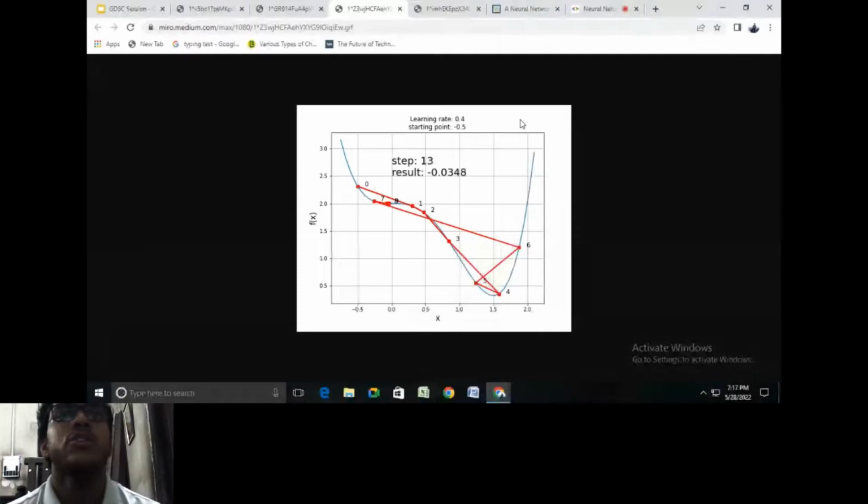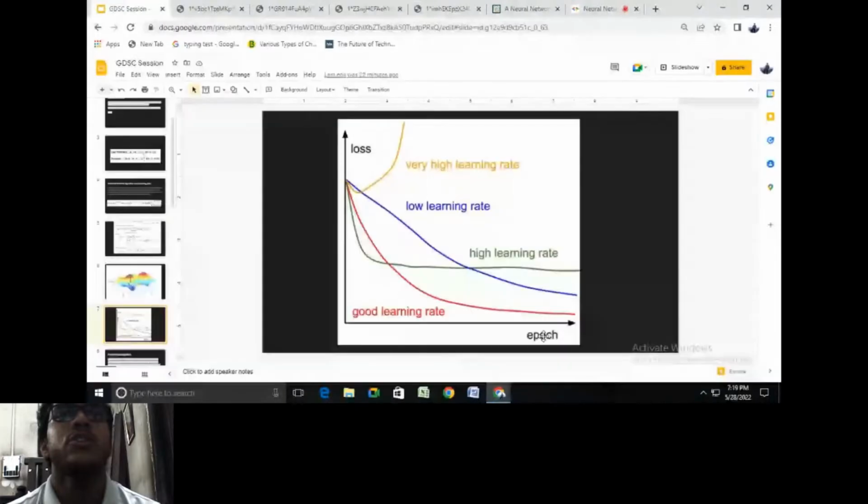We say learning rate is good when, with the number of epochs, where we will come to what an epoch is, the loss function gets minimized. The number of epochs is actually the number of times the entire training set is trained on the model.